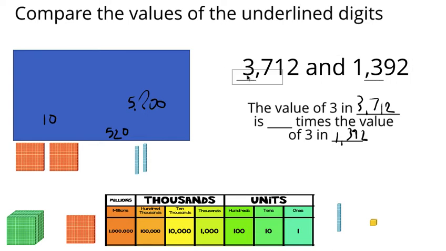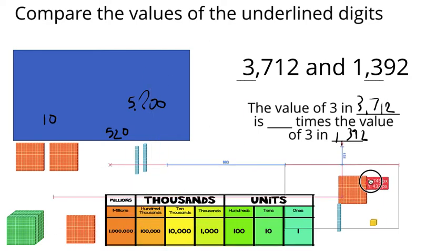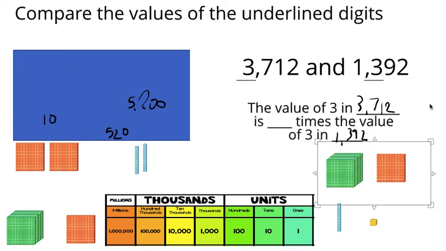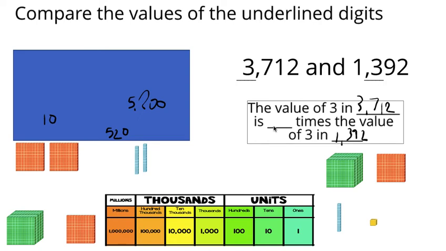This 3 digit is in the thousands place right here, and this 3 digit is in the hundreds place right here. So we're going to be hopping from just one place value to the next. So we're going from a flat to a cube. I want for you to ask yourself, how many of these hundreds or how many of these flats makes up a cube? And if you don't know, grab your manipulatives. Pause this video and solve.